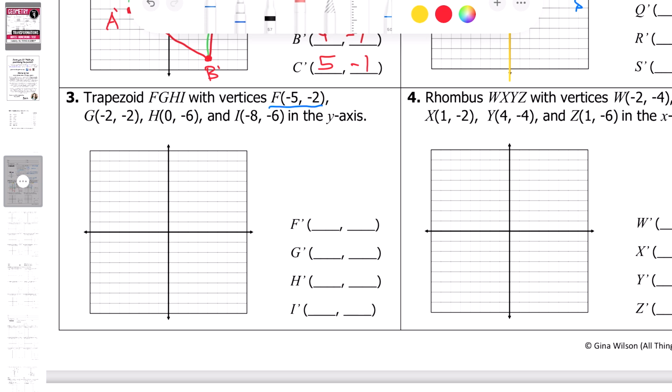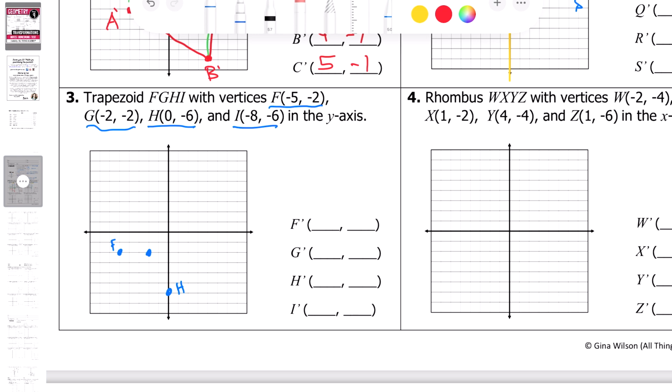All right, so let's go through and graph this one first. So F is left 5, 1, 2, 3, 4, 5, and then down 2, 1, 2. So there's F, and then G, so that's left 2, down 2. H, we're going to go straight down 6, 1, 2, 3, 4, 5, 6, because since we're on the 0, we don't go right or left, we just go straight down.